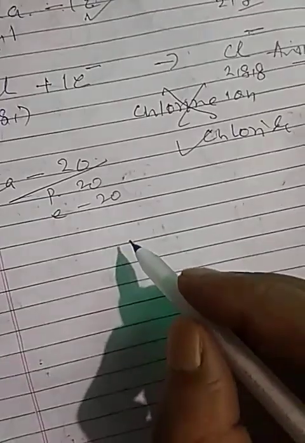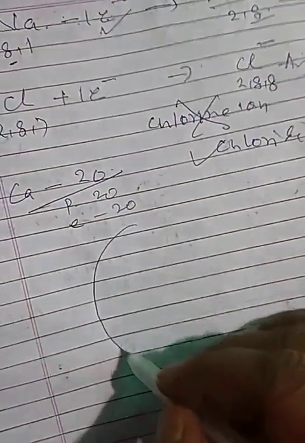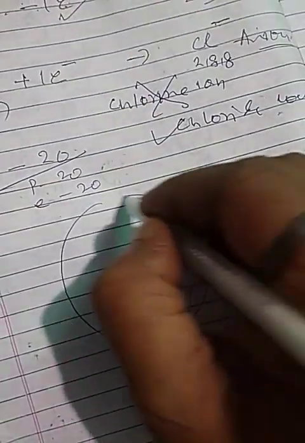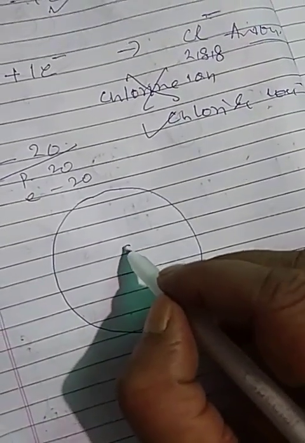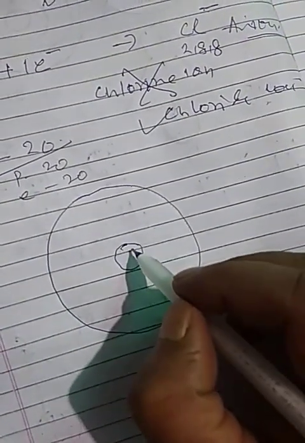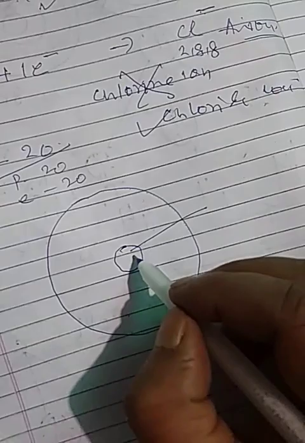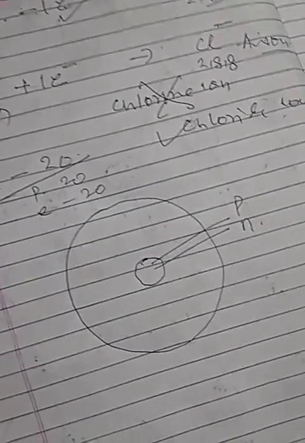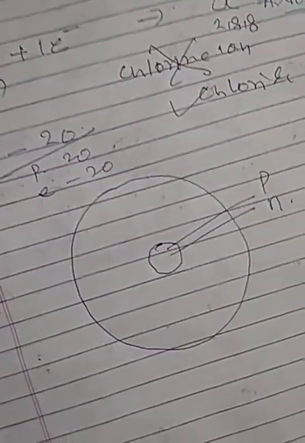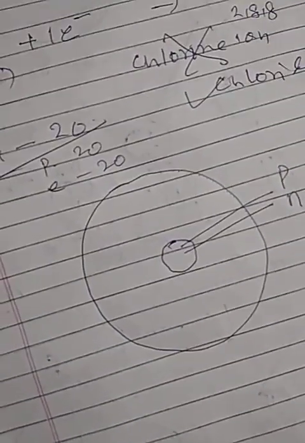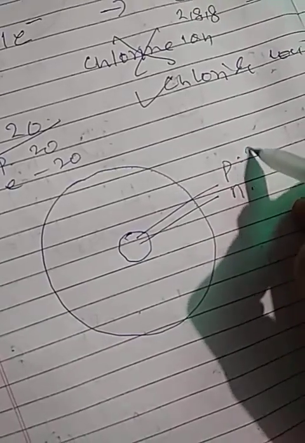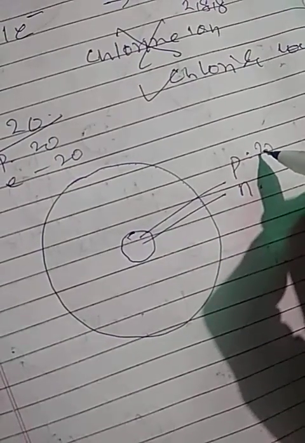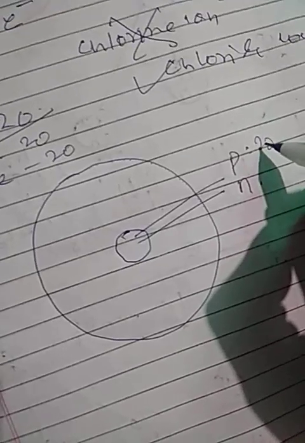How are they arranged? First of all, we know that an atom is spherical. At the central part, which is called the nucleus, there are protons and neutrons. If atomic number is 20, number of protons will be 20, and number of electrons will be 20.